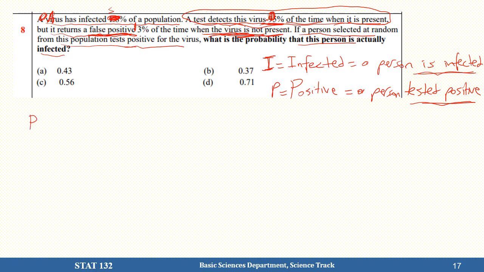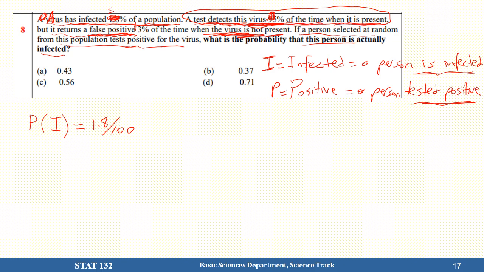A virus has infected 1.8% of the population. So the probability that a person is infected is 1.8 over 100. A test detects this virus 95% of the time when it is present.